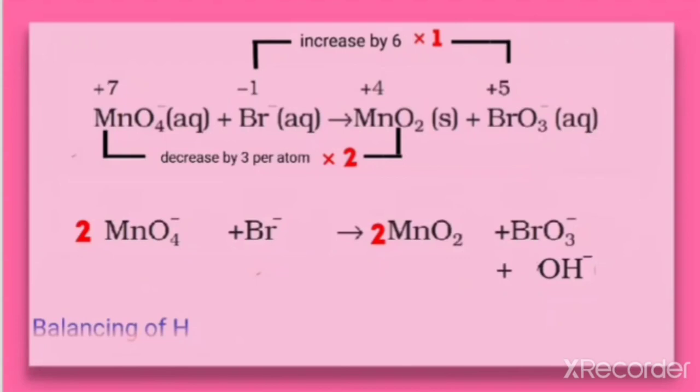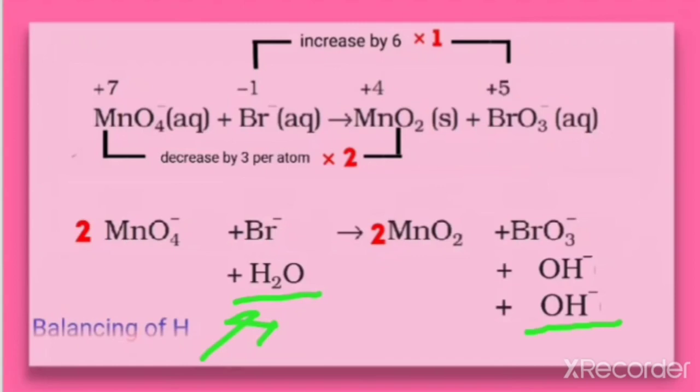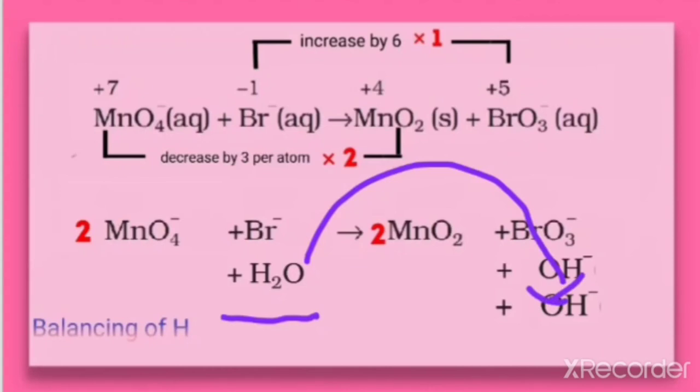So in the basic medium, that much number of H2O is added on the deficient side, and an equal number of OH negative should be added on the opposite side. So here for balancing of hydrogen, we have added H2O on the deficient side, which is the left hand side, and the same number of OH negative on the opposite side, that is the right hand side.